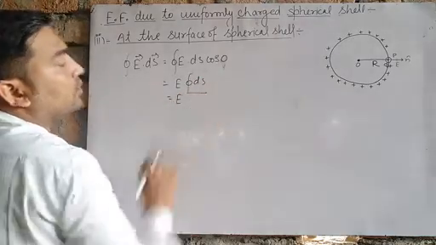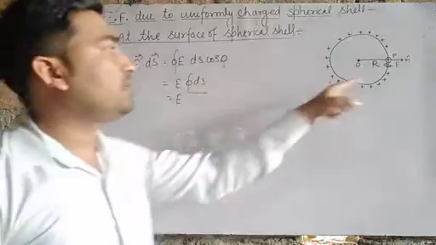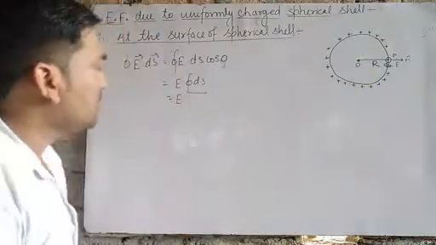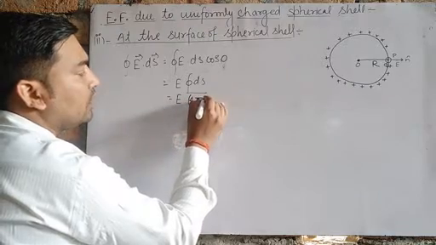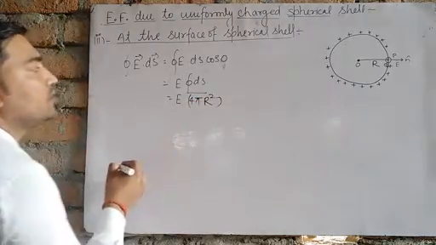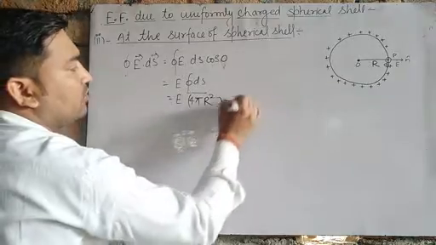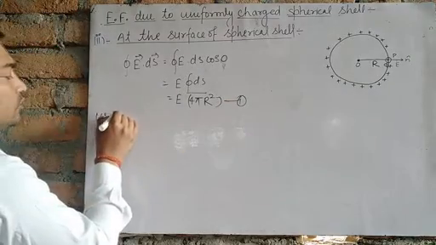The total surface area of this Gaussian surface is 4 pi r square. This is the total flux. This is equation number 1 using Gauss theorem.